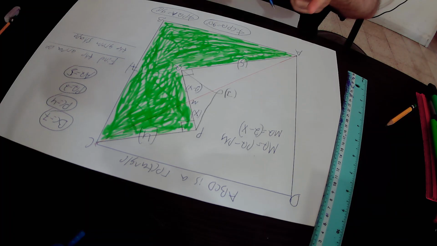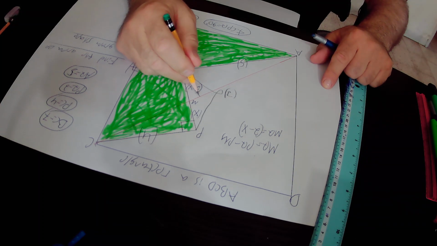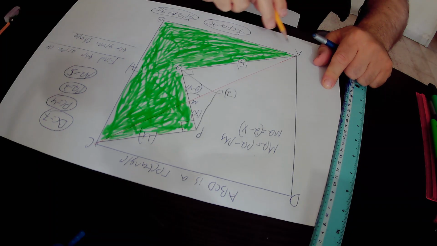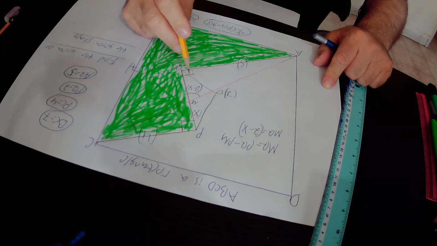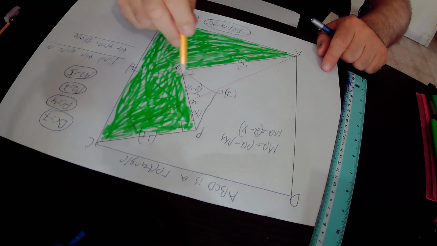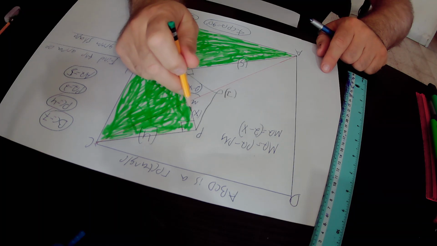Actually, by doing this construction, we can add here those two vertex angles. Angle AMQ is defined as a vertex angle, and the second vertex angle is angle PMC.